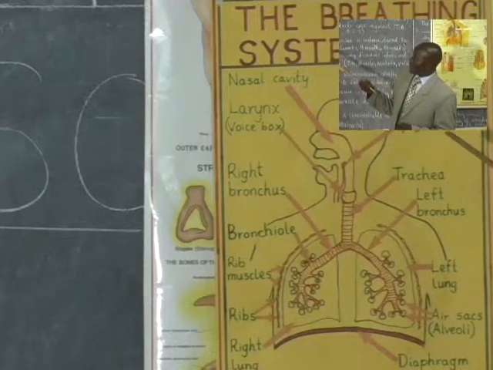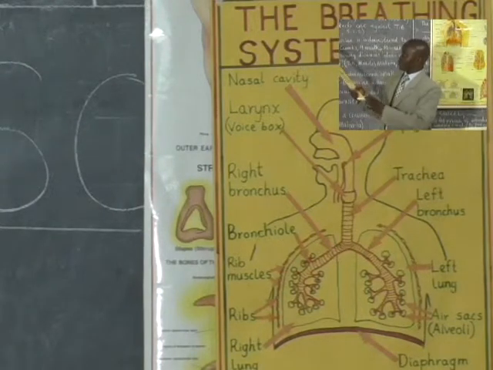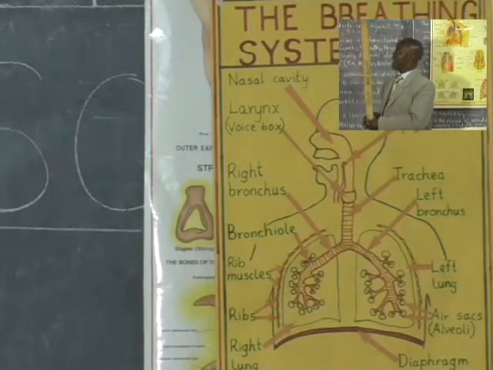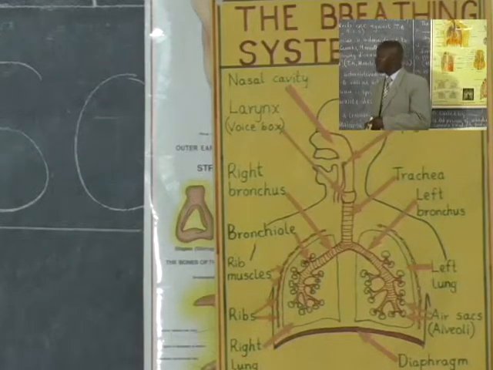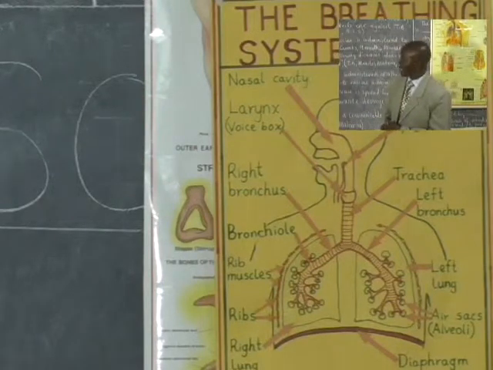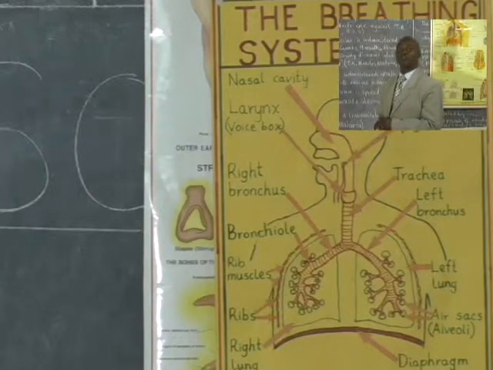The two parts of air that we are likely to talk about in the breathing system are oxygen and carbon dioxide. But first, through which path is air taken in and out of the body?